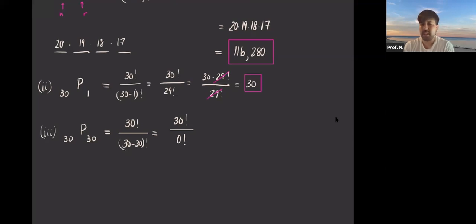It seems that to make things work, because if 0 factorial doesn't equal 1, then the formula for permutations is flawed. So that's why it goes back to what I just mentioned: the combinatorial argument is what makes the formula make sense. It's not the other way around.